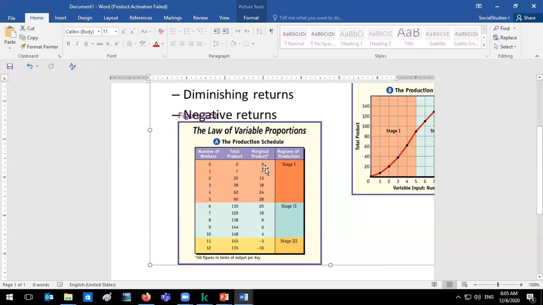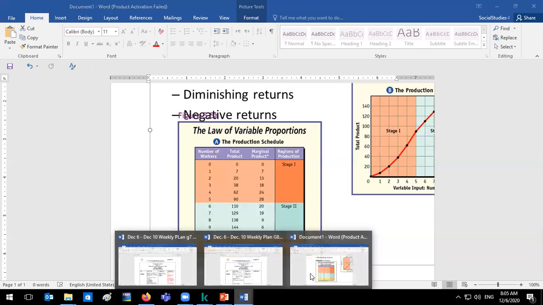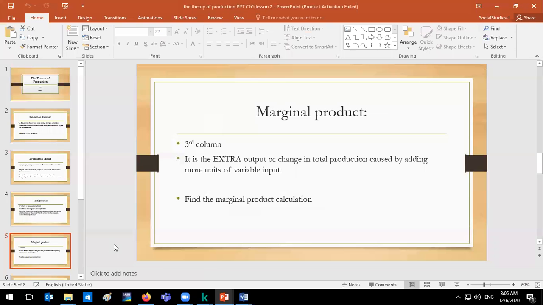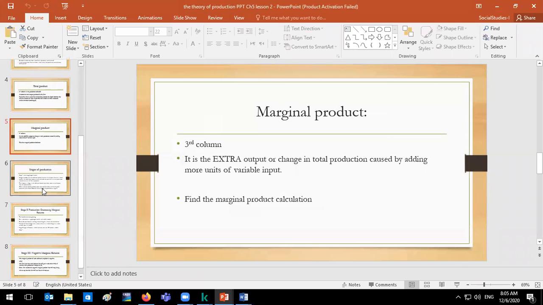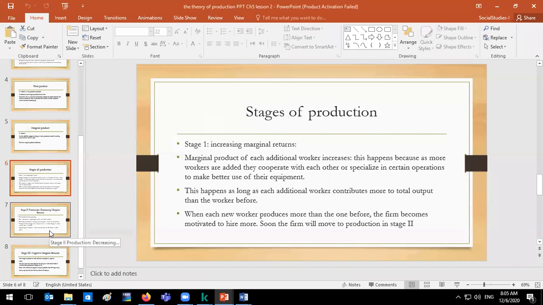So what's happening in stage 1? Where does stage 1 end? At 5 employees, my stage 1 ends. Why does stage 1 end here? Because stage 1 is called increasing marginal returns.